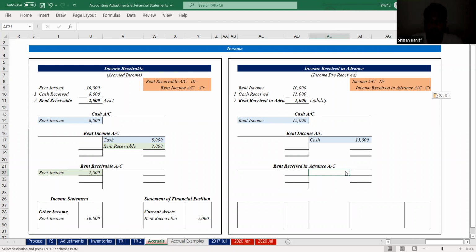Since advance is a liability, we have to credit that. Balance the rent income account.